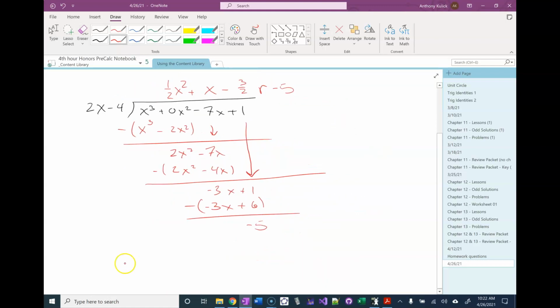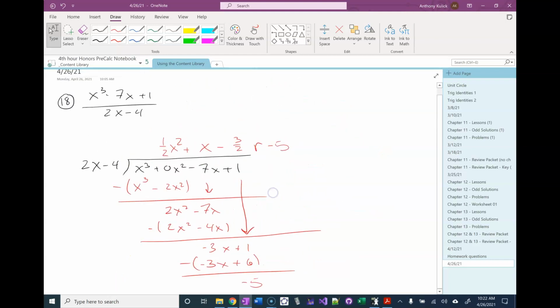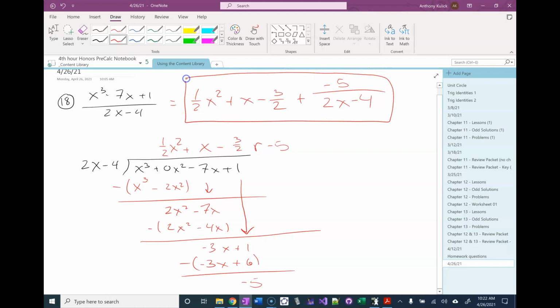And then to meet the criteria of the problem, it asks us to write our answer in the form of quotient, which is this, plus remainder, which is this, over the divisor, which is that. So this would be the properly formatted final answer. Is that okay? Yeah. Sure.